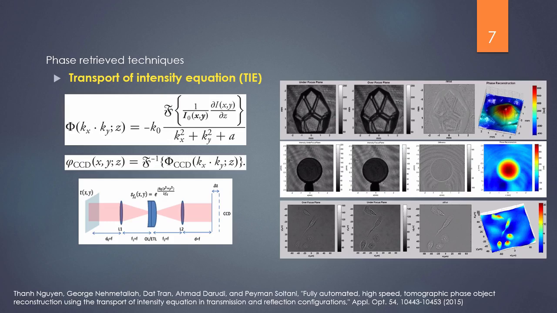This is the gradient change, and after applying the formula I reconstruct the phase. I applied it to a diamond sphere and to biomedical imaging of cells, and I can reconstruct the phase. Remember, this is only phase imaging.